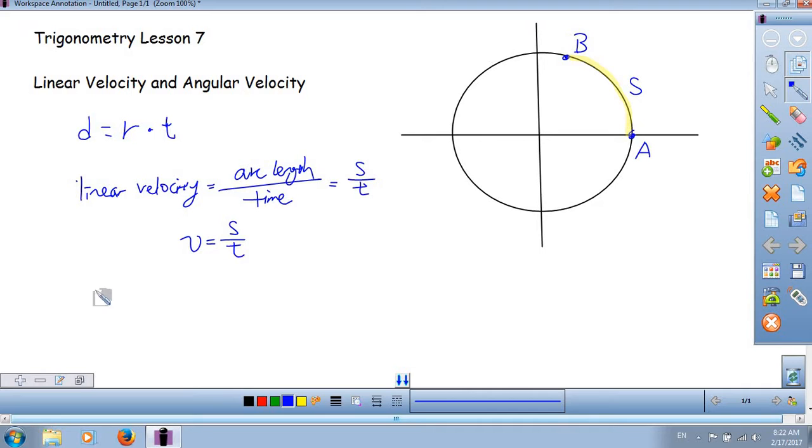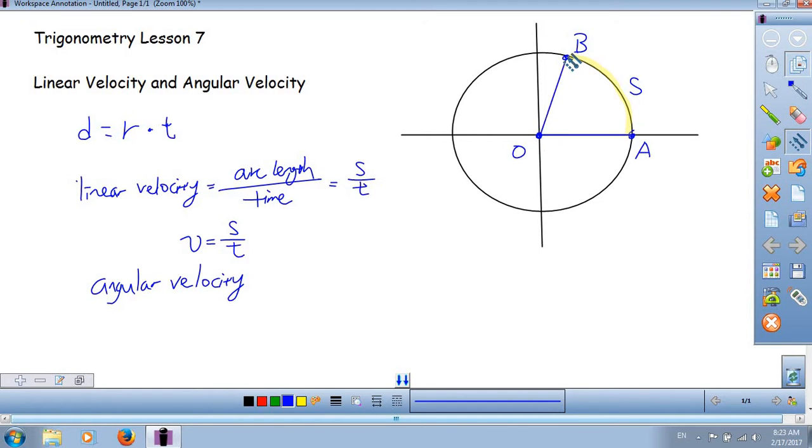Okay. Now what about angular velocity? Angular velocity measures how fast you are turning, how fast the angle is turning. Let's look at our example again. Compared to the circle with center O here, this is our initial side, which is also a radius, and this is the final side, the terminal side.